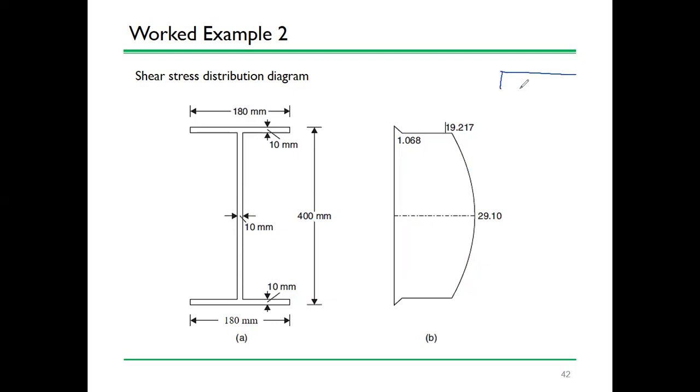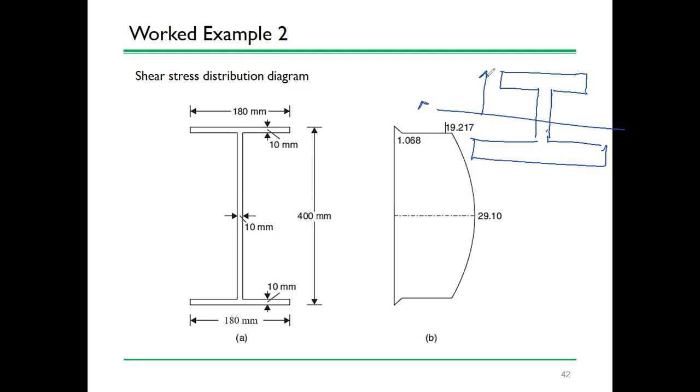So if you take a classical case of an unsymmetrical section, like this one, know that this will be your center neutral axis. So maybe you consider this to be positive and from here down to be negative.